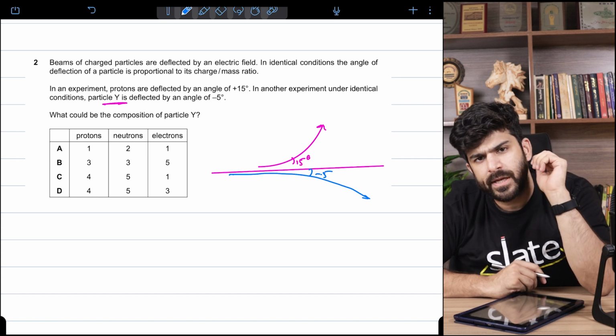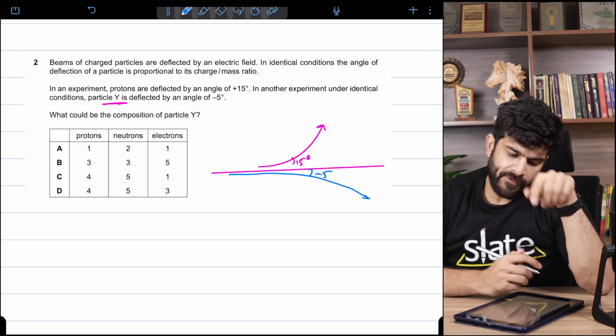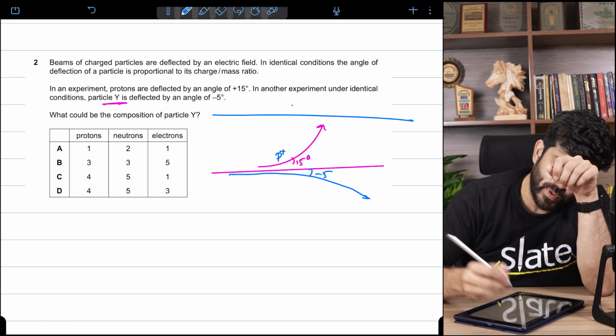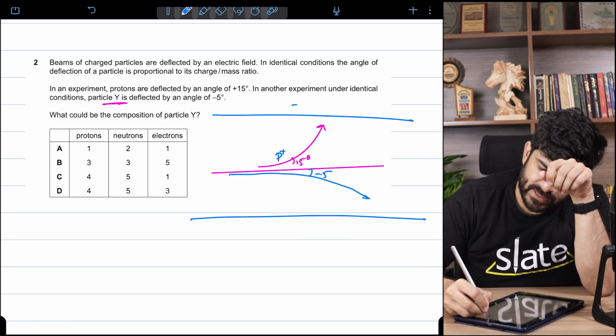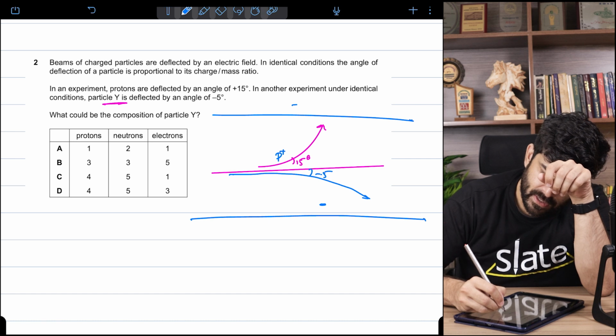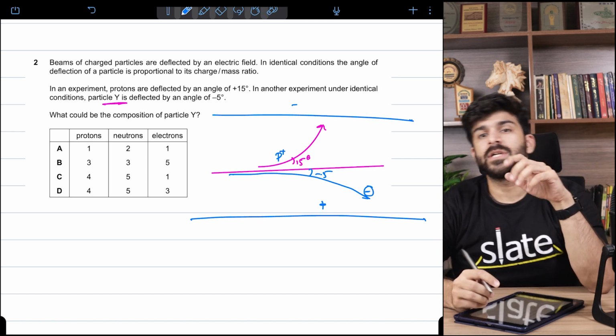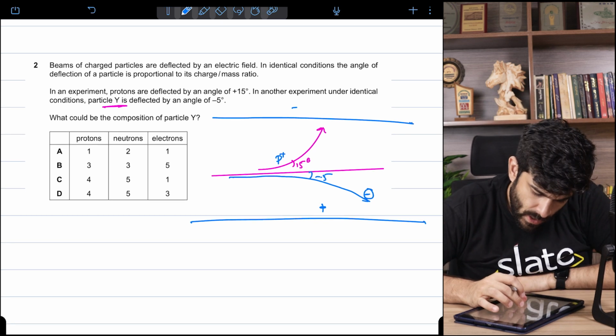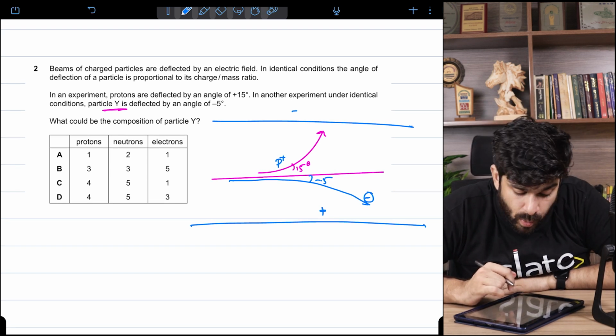So what do we understand here? This is the proton, so it's going towards the negative plate. This must be something negative because it is going towards the positive plate. So what could be the composition of particle Y?